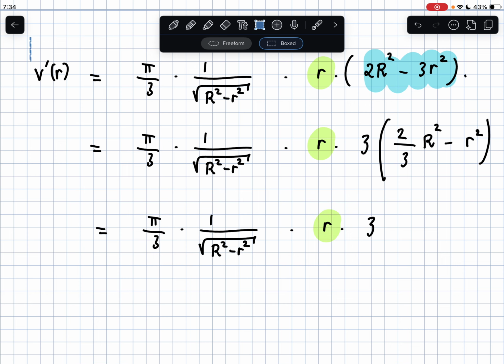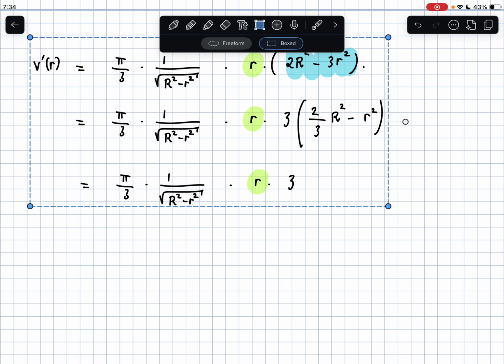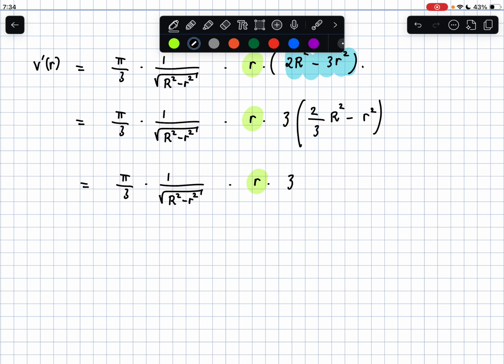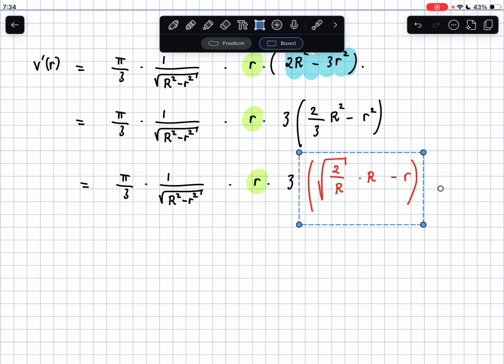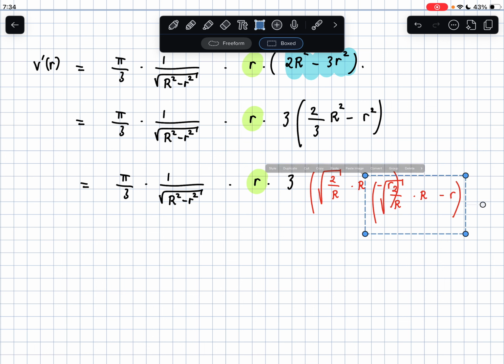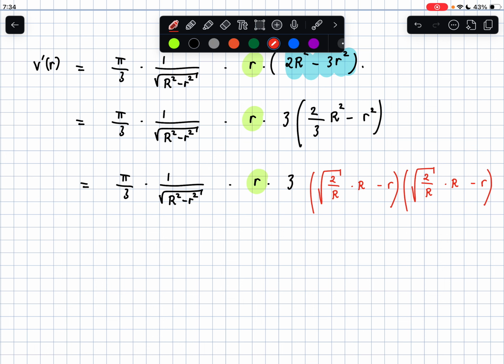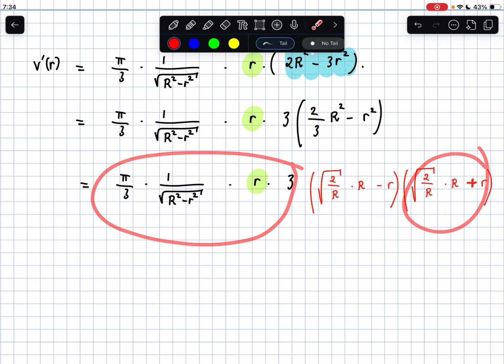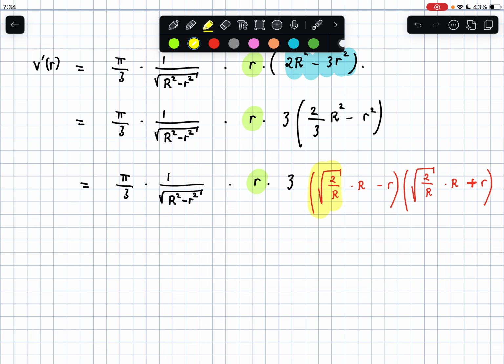The last term can be written as square root of 2 over 3 times R minus small r, times this one but plus. Here you see that they are all positive everywhere else, except this term, which can be negative.